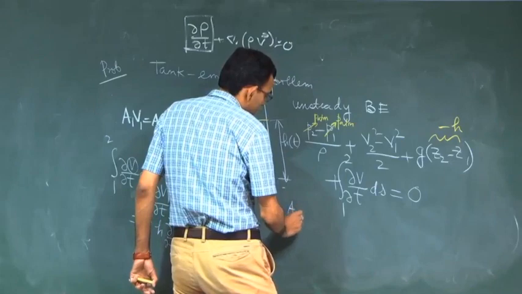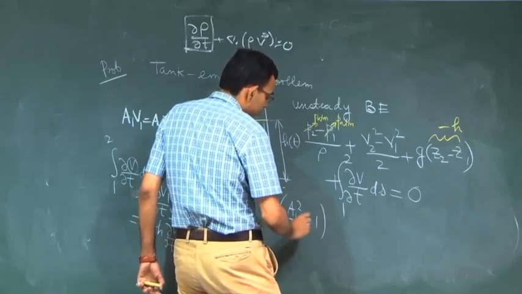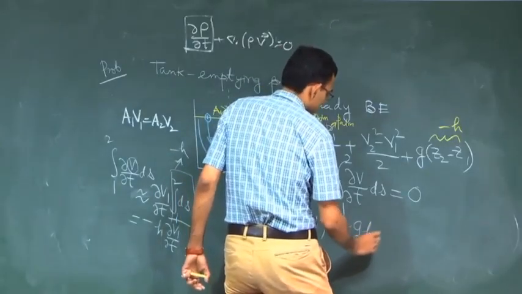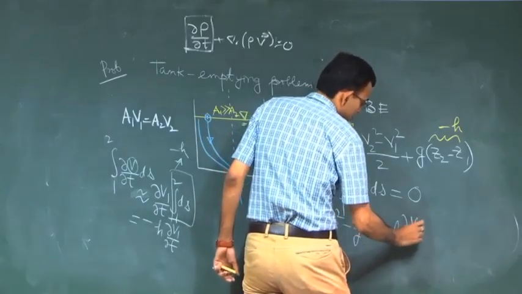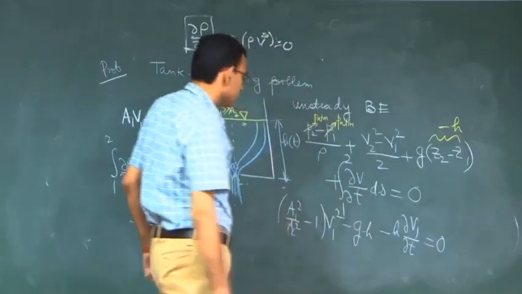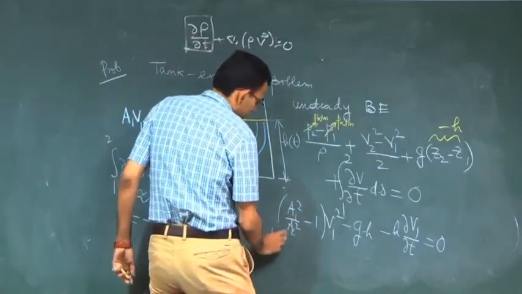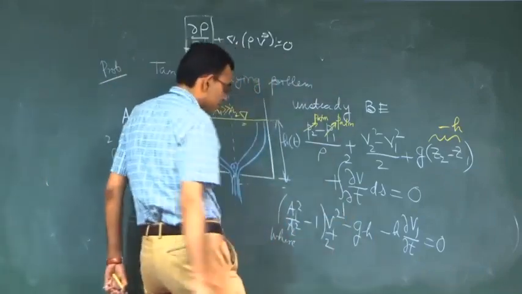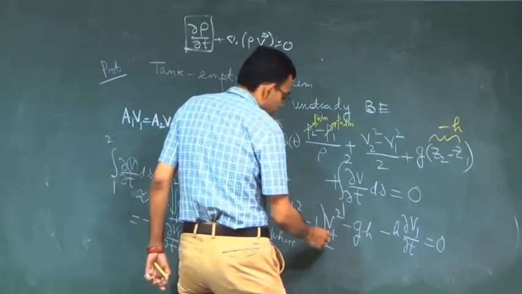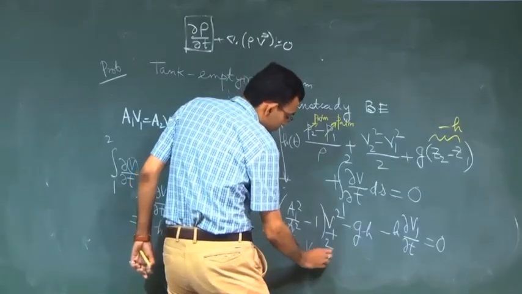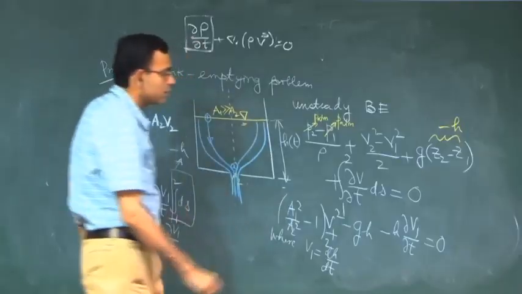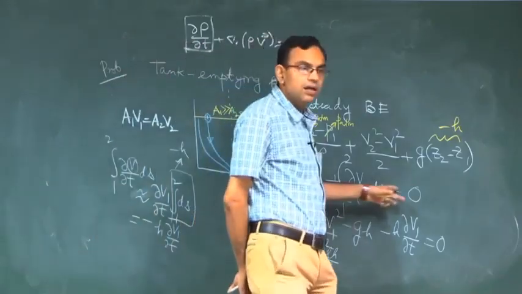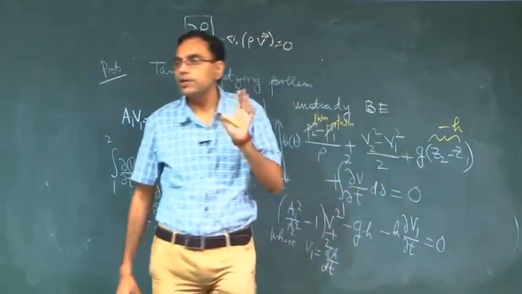So, we can write A1 square by A2 square minus 1, over 2, where V1 is dH dt. So, you can clearly see that it is a non-linear differential equation in H, not easy to solve at all.